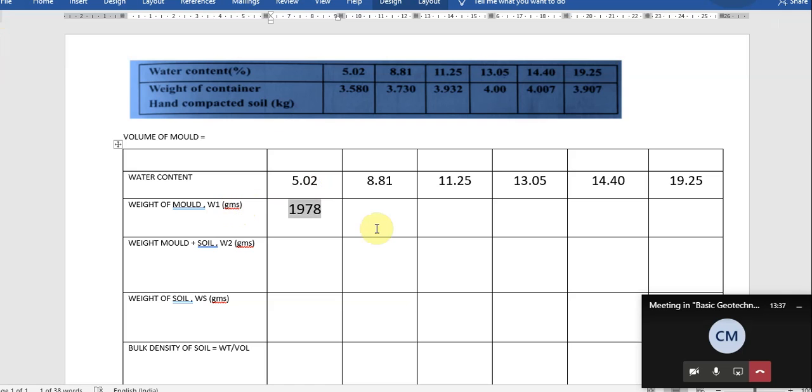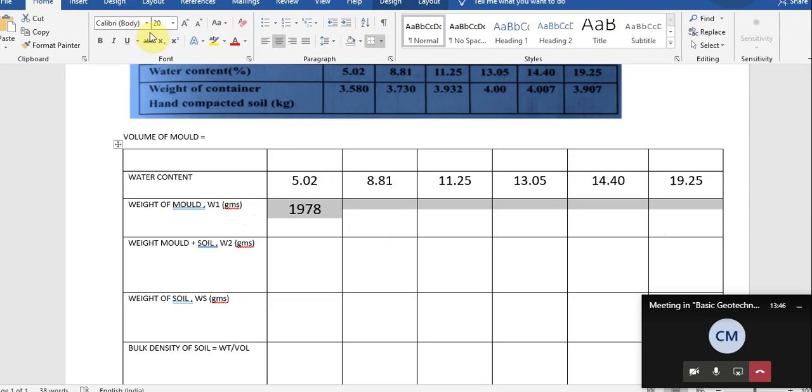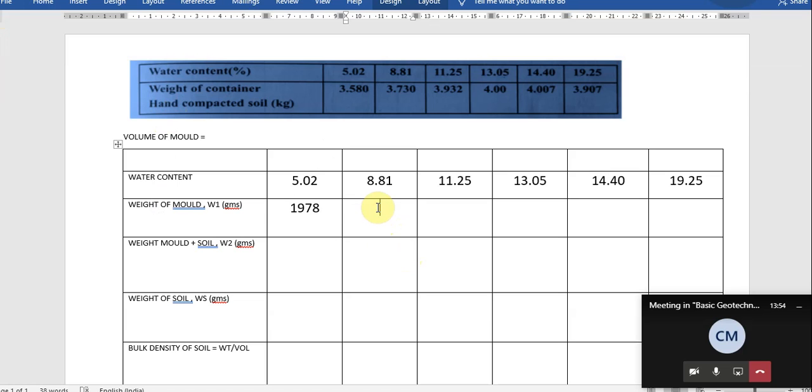Write the value in grams, and for all the trials the value will be the same. We are using the same container. So weight of the mold for all the trials will be 1978, 1978, 1978 and 1978.